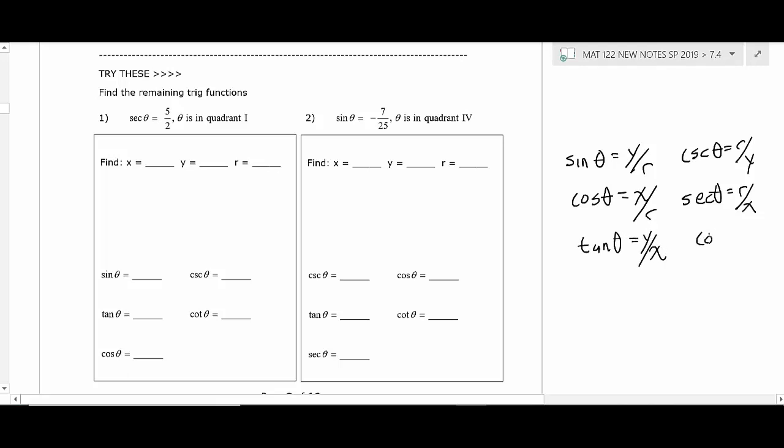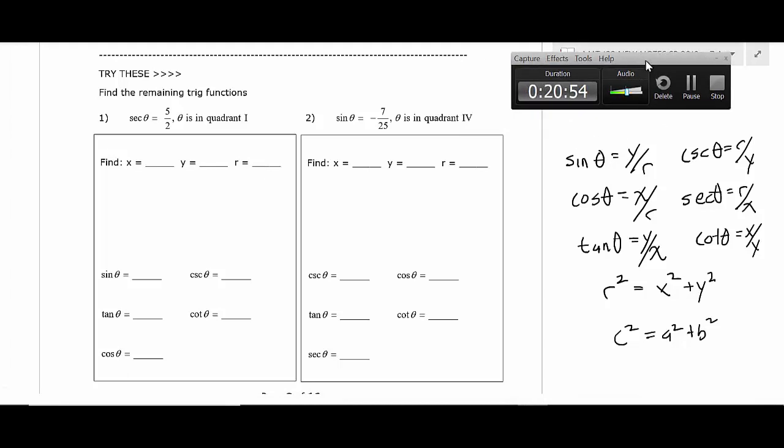And the cotangent of theta is x over y. And don't forget you have the Pythagorean theorem, r squared equals x squared plus y squared. You're used to that being c squared equals a squared plus b squared. It means the same thing, since you have a right triangle. So go ahead and pause, and I'll work them out, and when you're ready to check, just check, and if you get them right and understand, you can move on, okay?